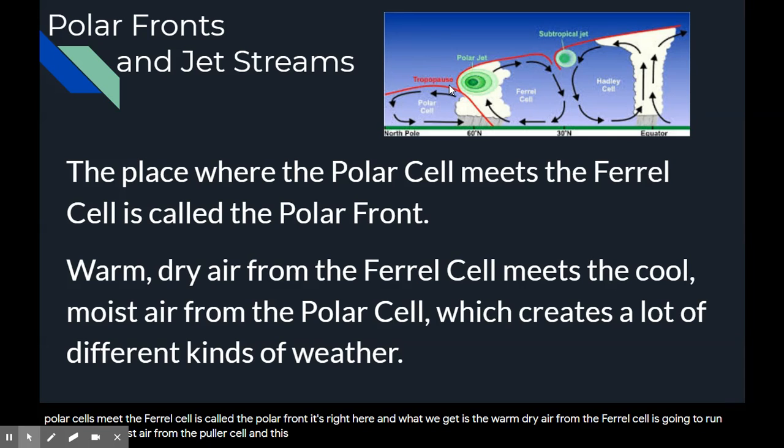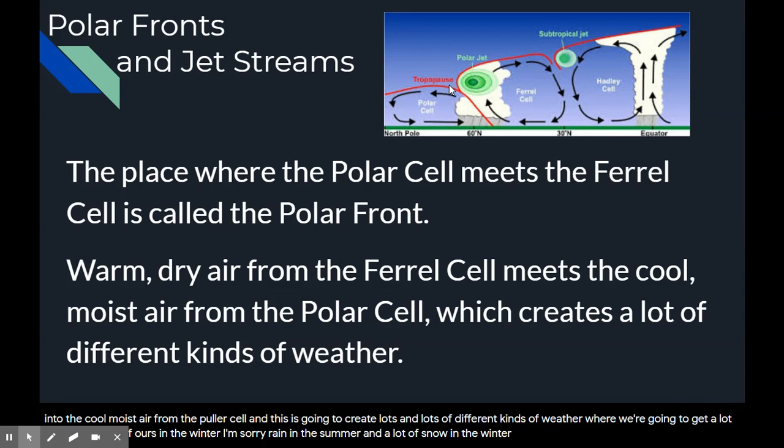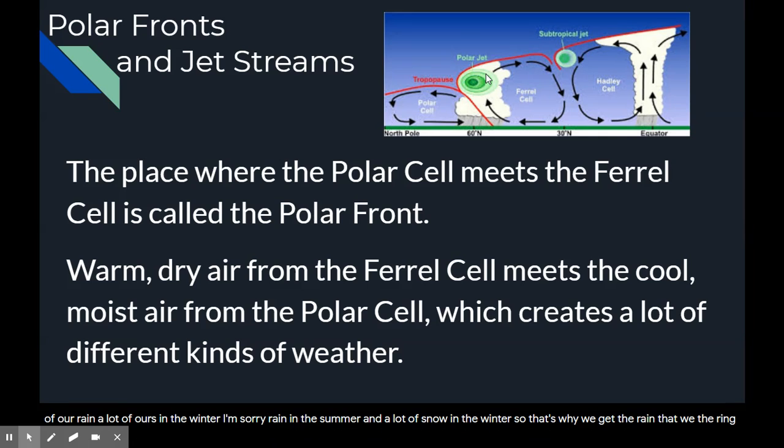And this is going to create lots and lots of different kinds of weather. This is where we're going to get a lot of our rain in the summer and a lot of snow in the winter. So that's why we get the rain and the snows that we do.